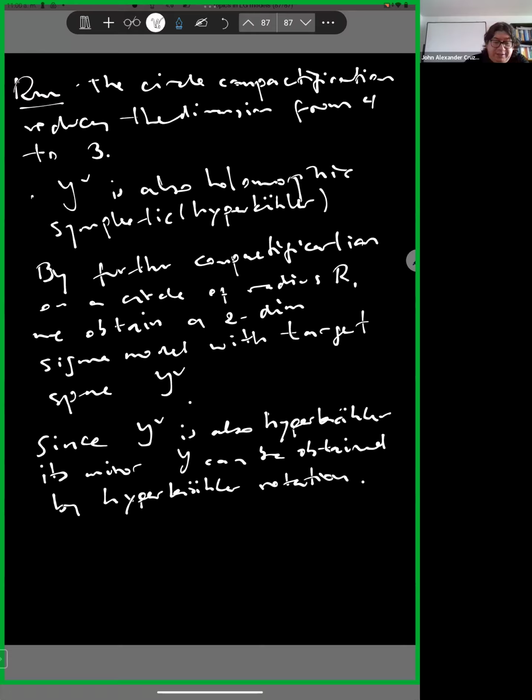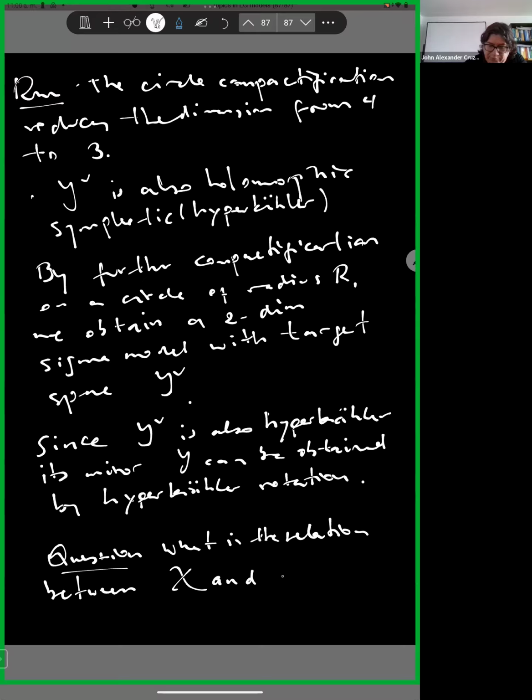So that's it. The natural question I think is, what is the relation between X and Y?